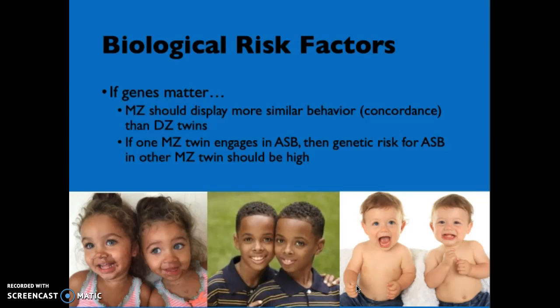So if genes really do matter, then we should see the same type of behavior in one identical twin and the other. Let's say one is getting into trouble a lot, is not able to sit still, those kinds of things, then we should be more likely to see it in the other because they have 100% shared genes.